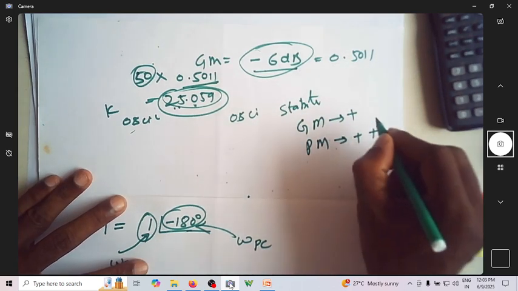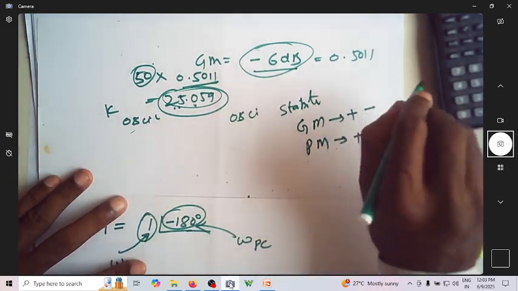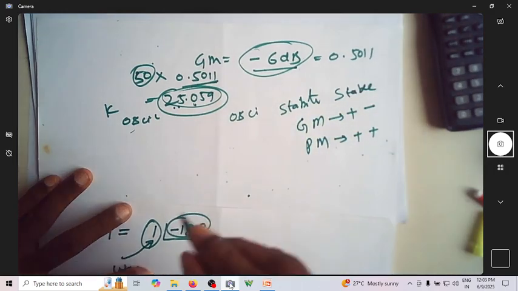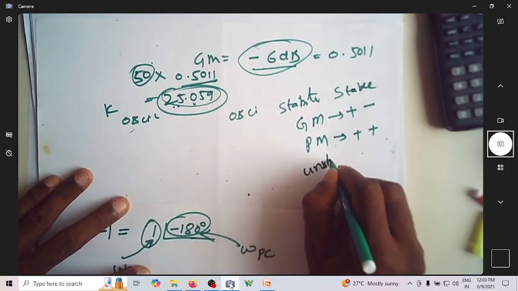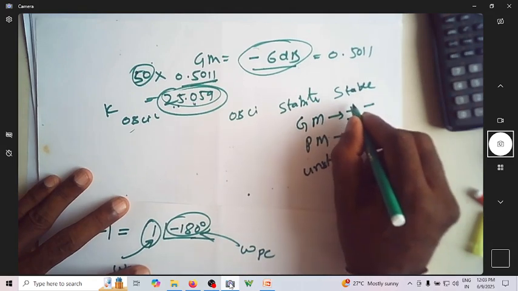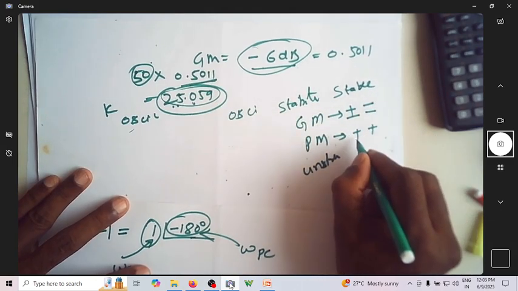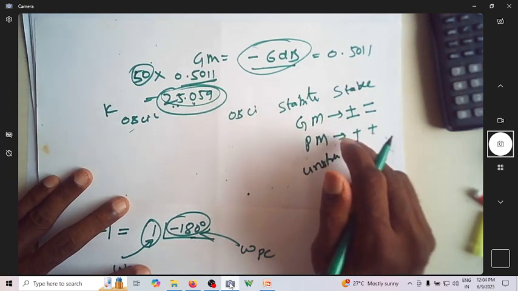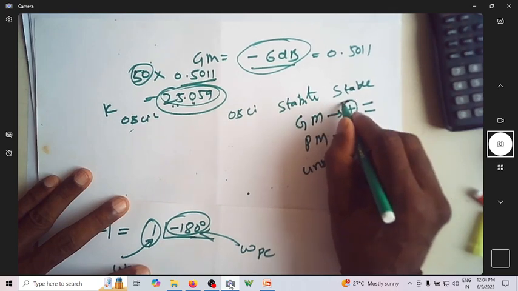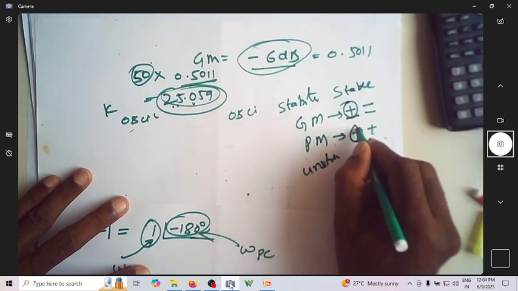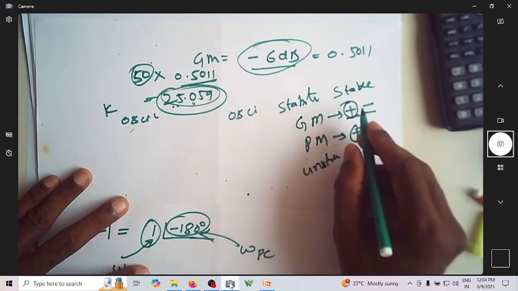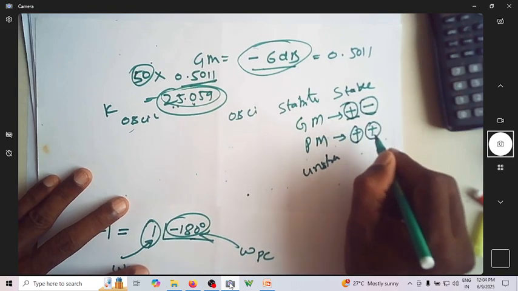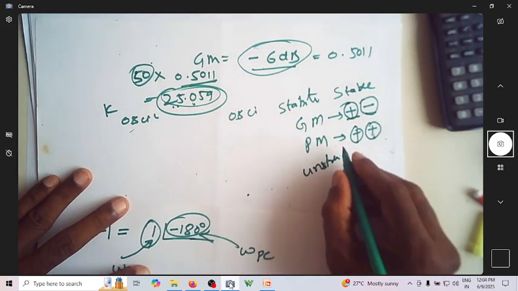If the gain margin is negative but the phase margin is positive degrees, the system is still stable.